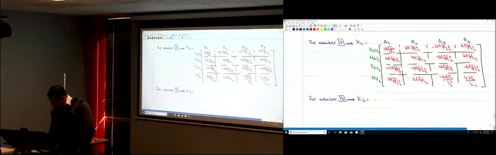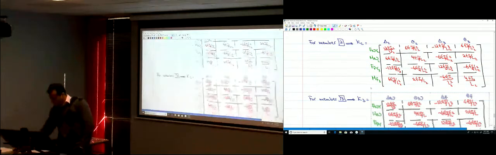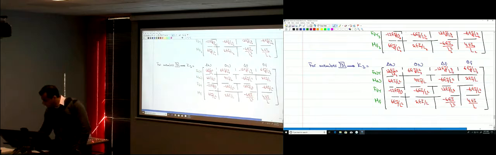Just pasting the same matrix here. Now I just have to put EI and the length of member 3.